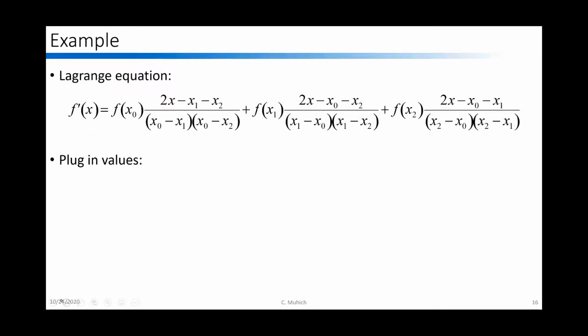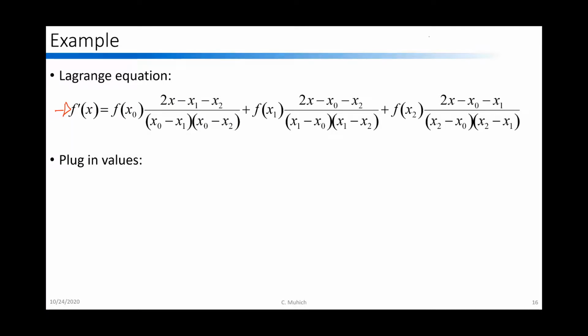So here, what we need to do is pull back our Lagrangian equation for my first derivative, and then we can start plugging in our associated values. So let's do that. We are interested in finding out what my derivative is at x equals 0, so at that soil-air interface.